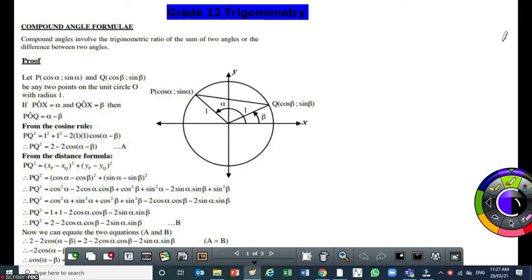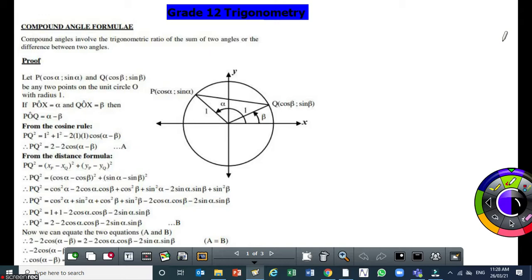Okay? So the compound angle formulae are a group of formulae that involve the ratio of trig ratios, like for example sine, cos. In your case, you don't do tan. So they involve the trigonometric ratio of the sum of two angles or the difference of two angles.